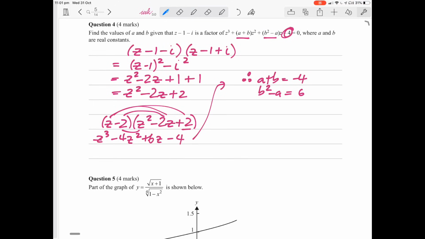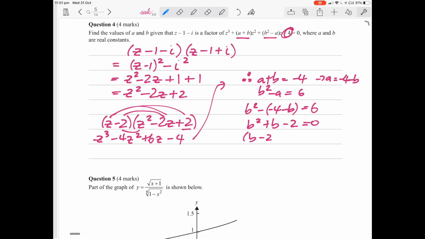From here, a is equal to minus 4 minus b. So here, I have b squared minus 4 minus b is equal to 6. b squared plus b plus 4, and then take away 6, is minus 2.